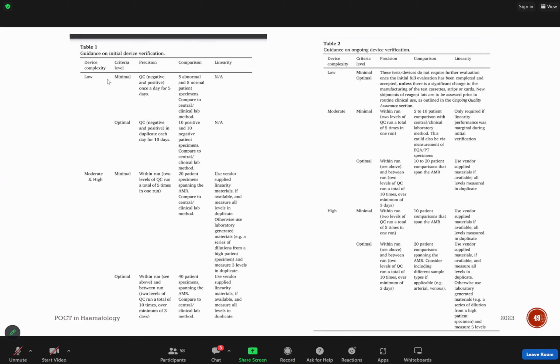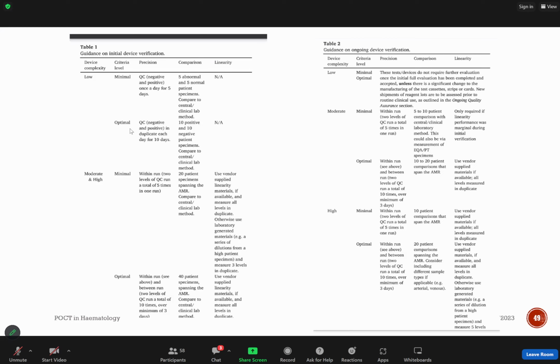For low device complexity, there are criteria to do the verification study. Here they list the precision, comparison, and linearity. As for low complexity, minimal criteria: for precision, we use QC, negative and positive, meaning normal and abnormal, once a day for 5 days.